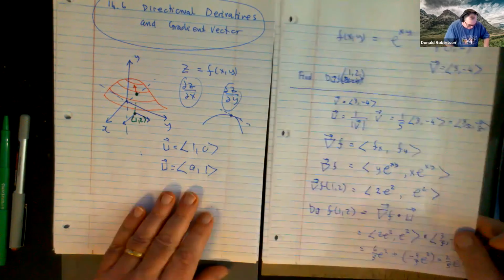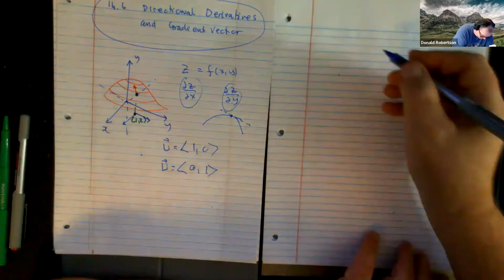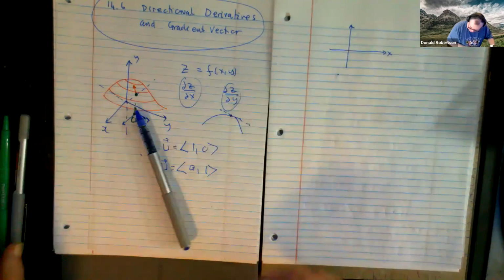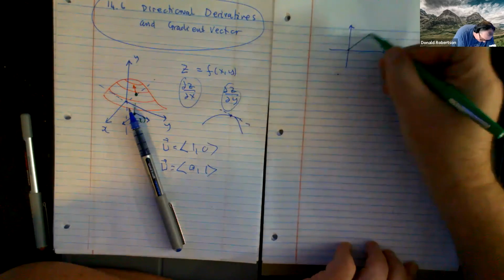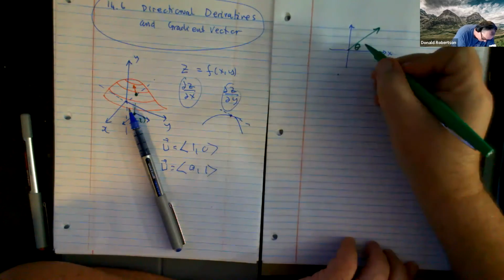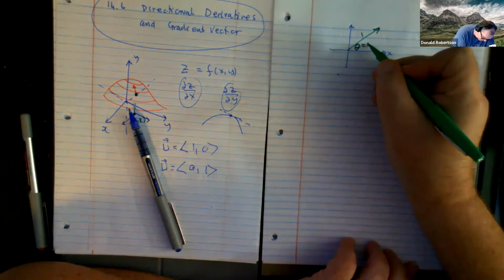Let's do an angle version. Don't need the picture, but I'm doing it anyway because it helps my brain. Can you imagine that you're going to do a direction and it's going to be pi upon 3.